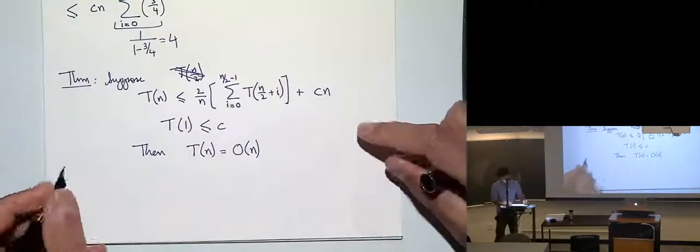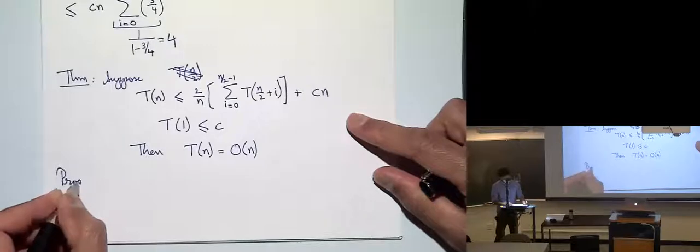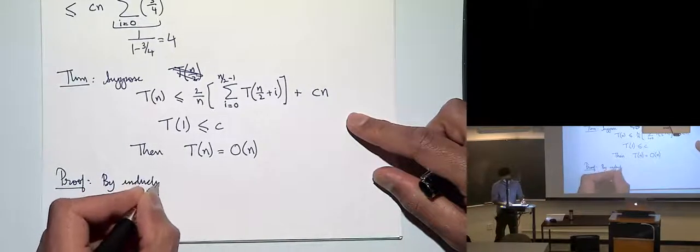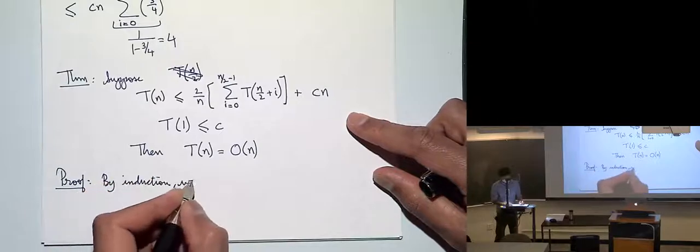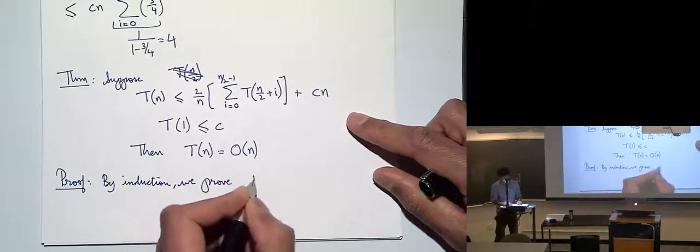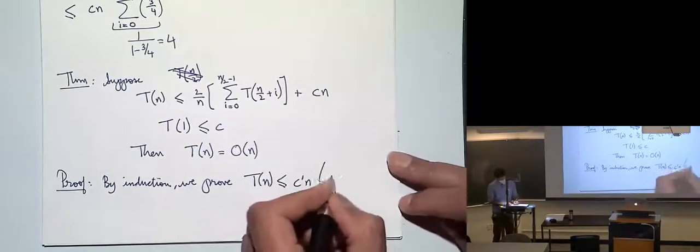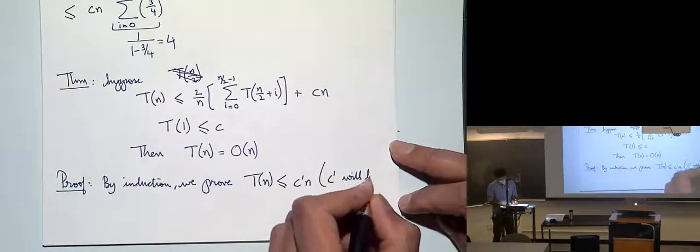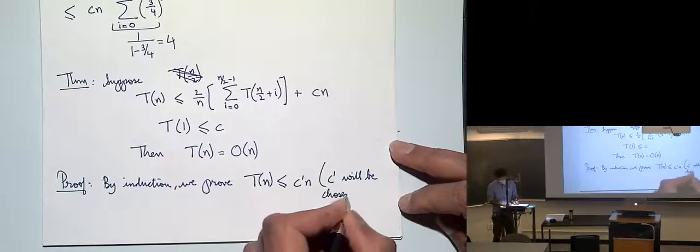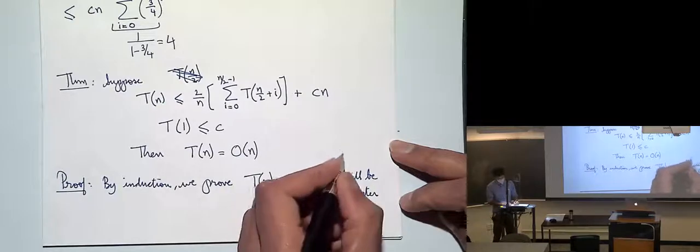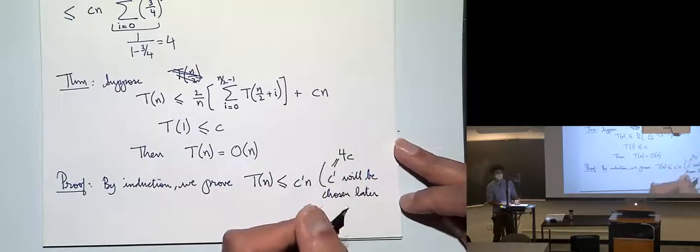Okay, so we prove by induction that t of n is at most c prime n. C prime will be chosen later. You'll actually see that the choice of c prime being 4 times c is going to work.